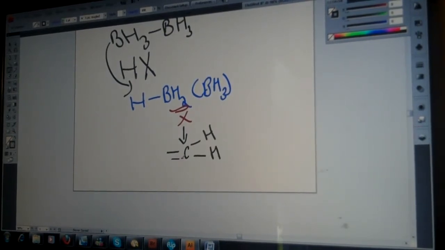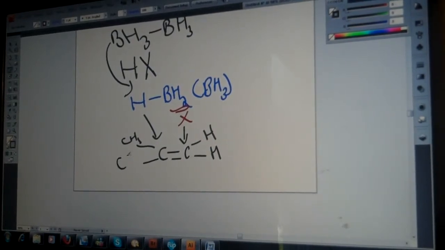It's added to the side with the most hydrogens because this is anti-Markovnikov, and the hydrogen is added to the side with the least hydrogens, or you could say the most R groups. So this is what happens.